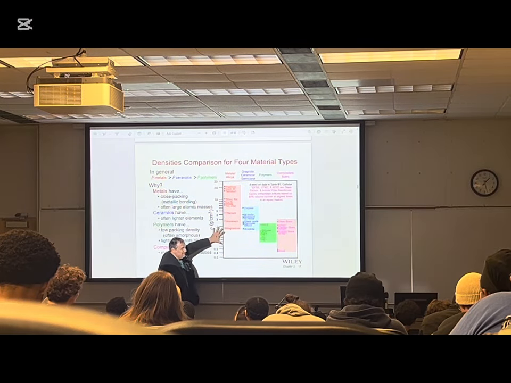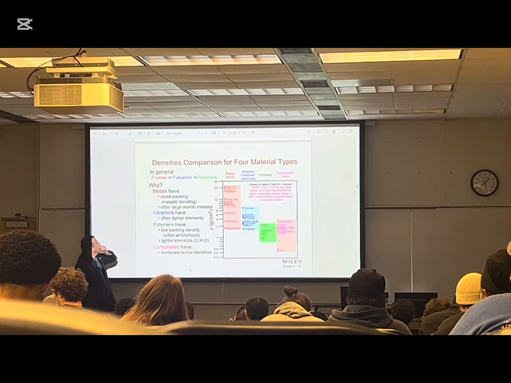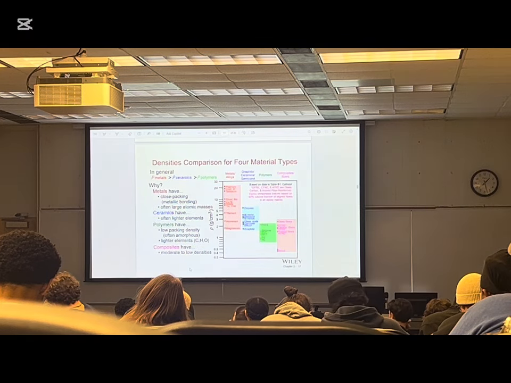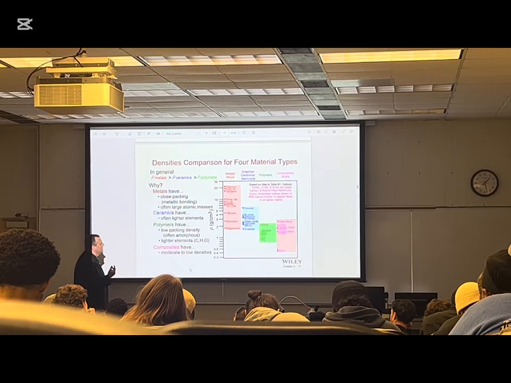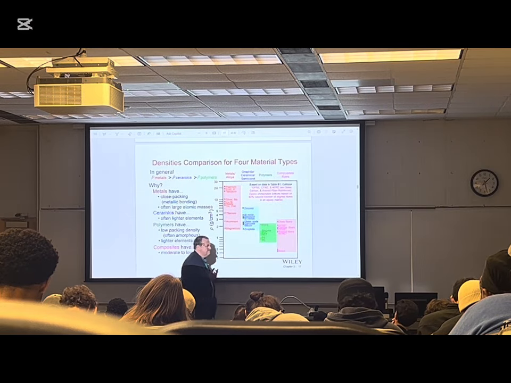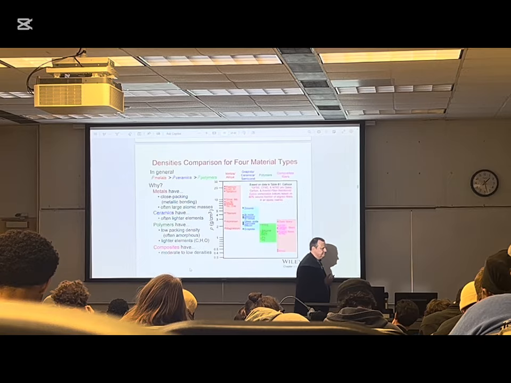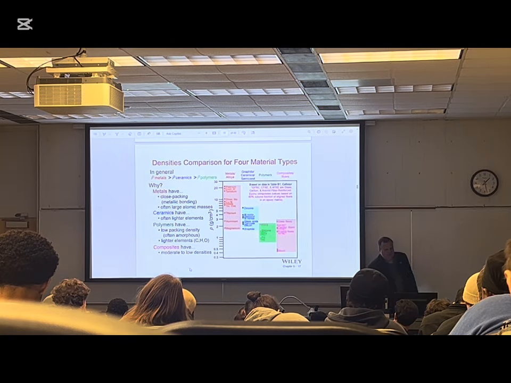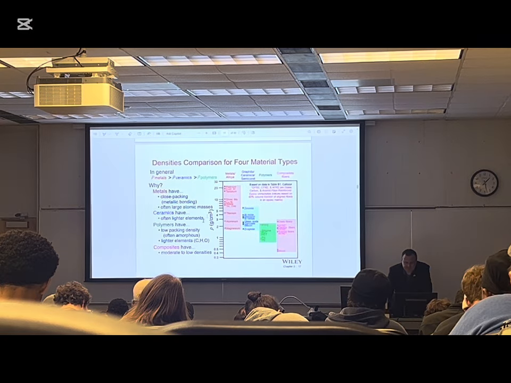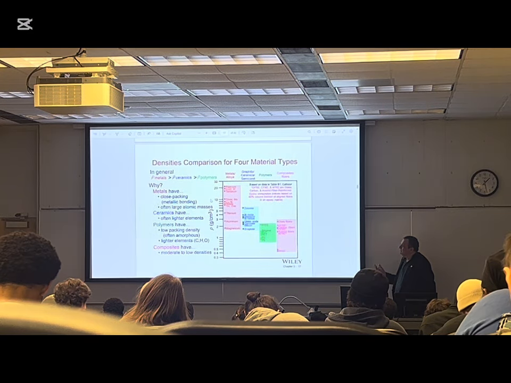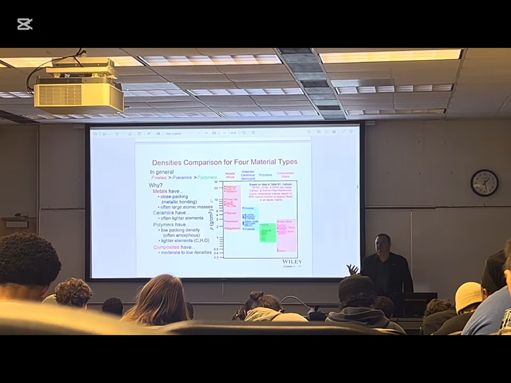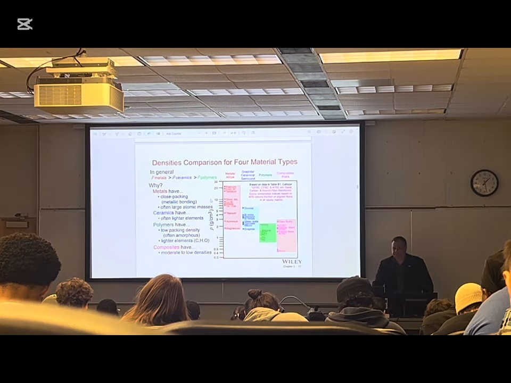Going to this, we see that the most dense materials are actually metals. Why is that? Because metals are closely packed. And they're closely packed because they have metallic bonding. They're also heavy. And you can look at the atomic mass.